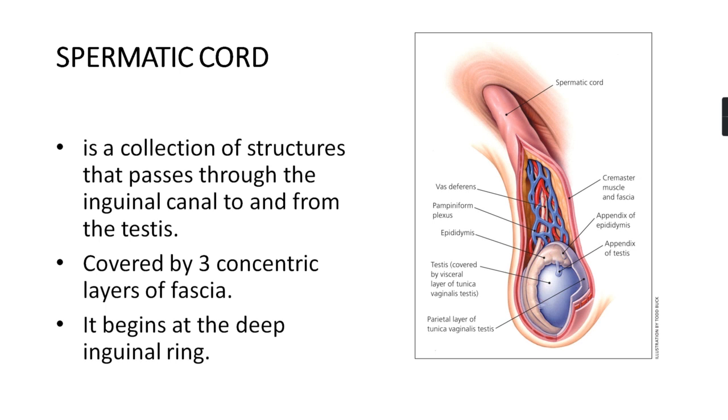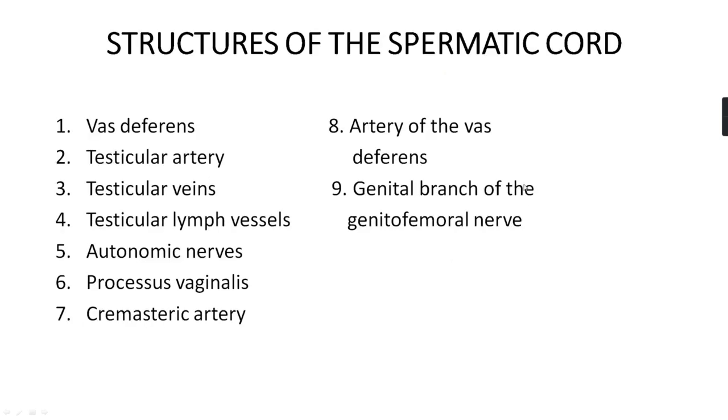Now lastly, the spermatic cord. It is a collection of structures that pass through the inguinal canal to and from the testes. As we know, it is covered by concentric layers of fascia and it begins at the deep inguinal ring. You can see in this figure, this is the spermatic cord. There are many structures that lie in the spermatic cord. Which are they?